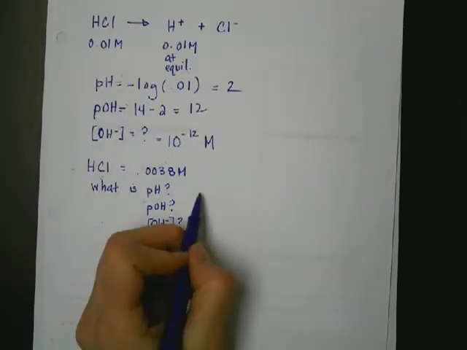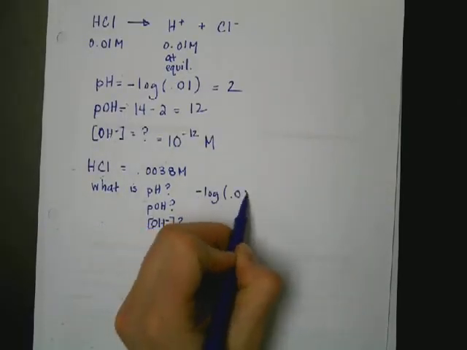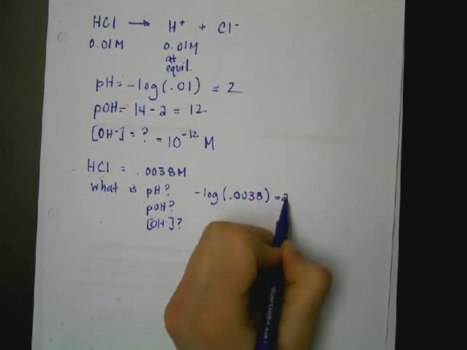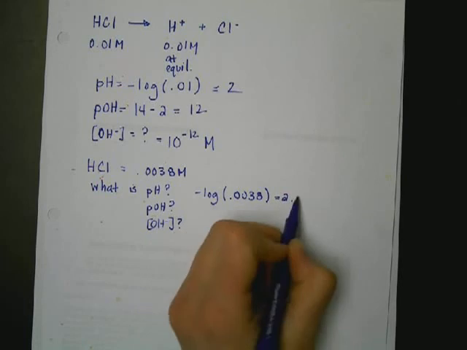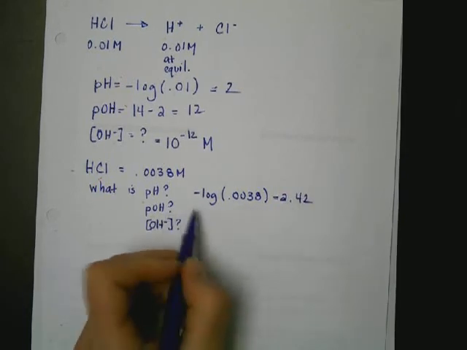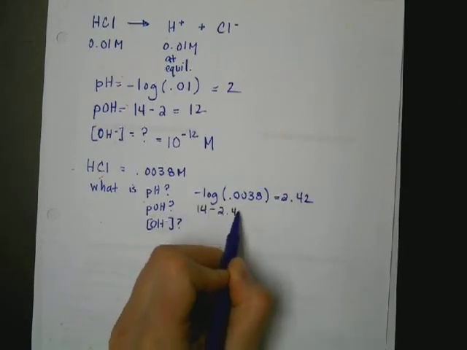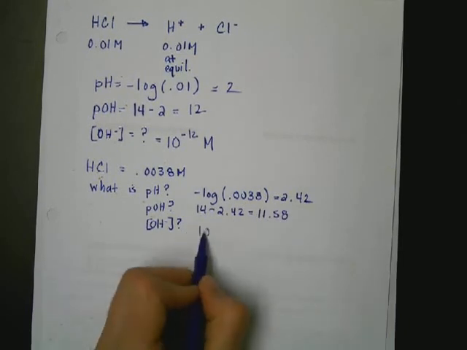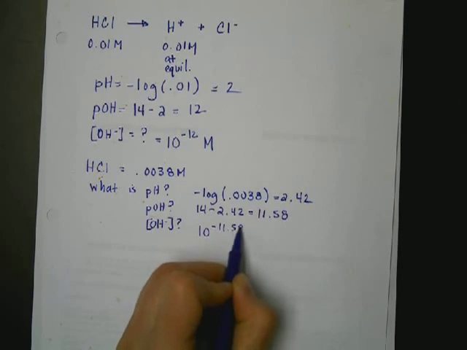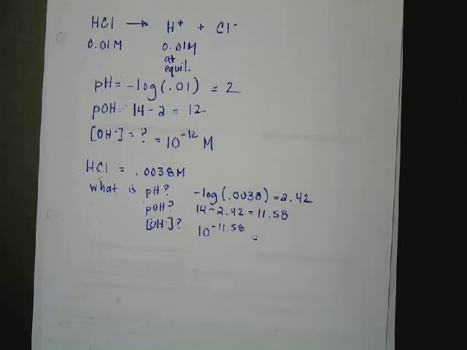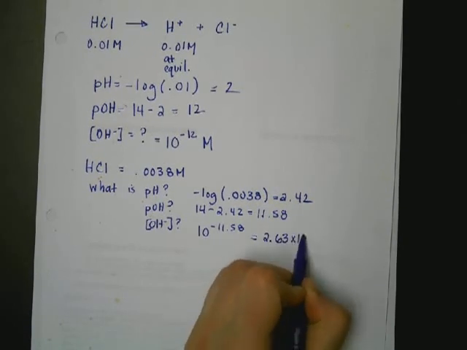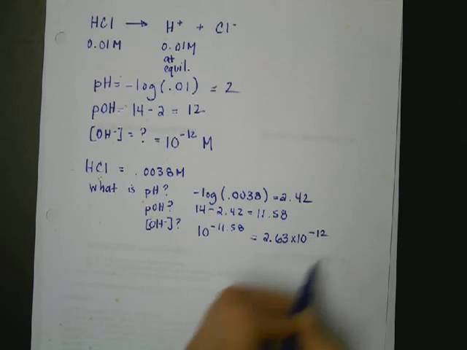You're going to take the negative log of 0.0038. 2.4? Okay, and then pOH? All right, and then OH concentration. And you can't leave a decimal place in an exponent. You actually have to put the caret, negative 11.58. So what did you get? Negative 12 molar.